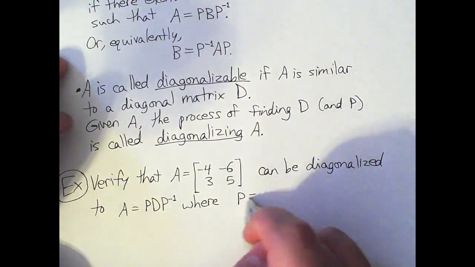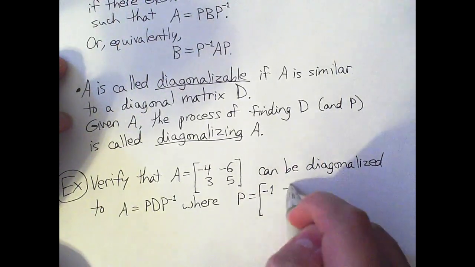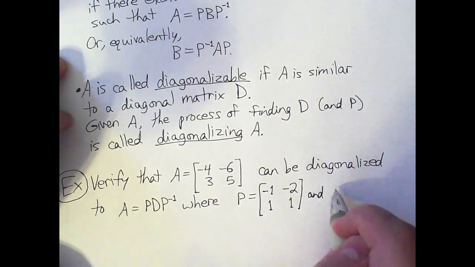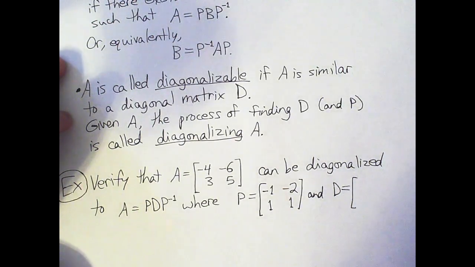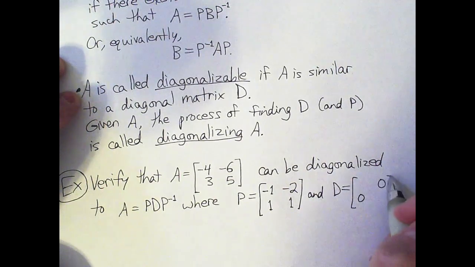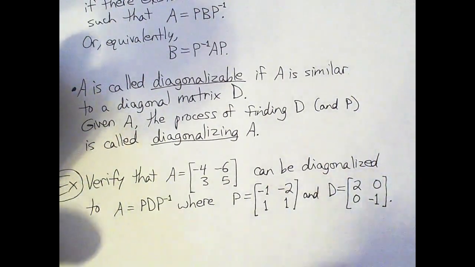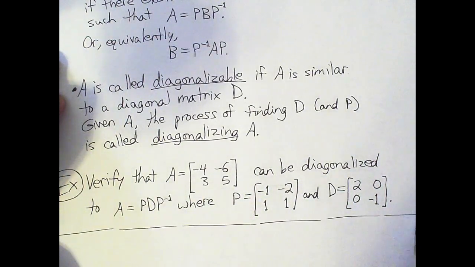It's going to say that P equals this 2x2 matrix, -1, -2, 1, 1. And D is the 2x2 matrix. Well, this has to be a diagonal matrix, right? So you know the non-diagonal entries have to be zeros. The other entries are going to be 2 and -1. So this problem just wants us to verify. So it already gave us all the matrices.